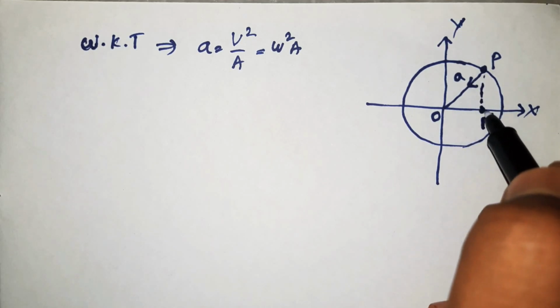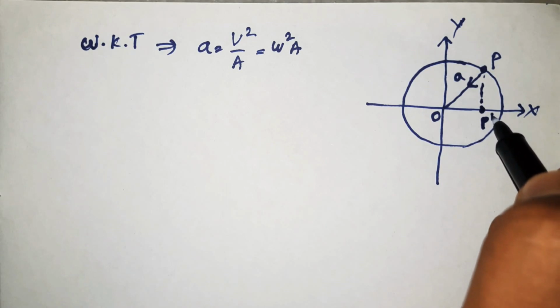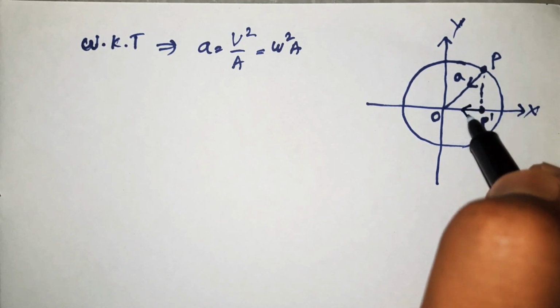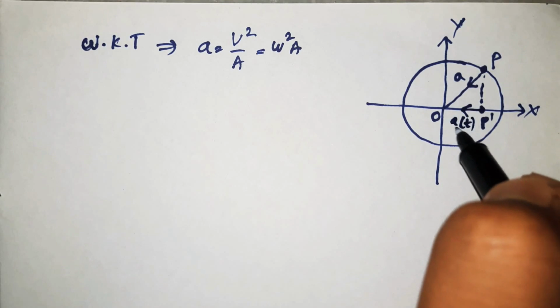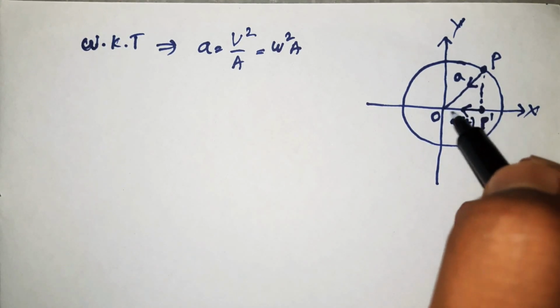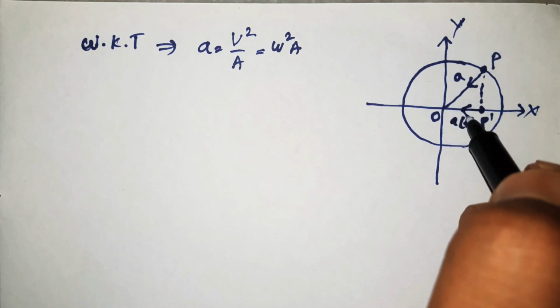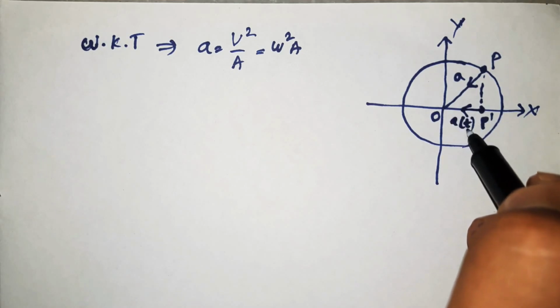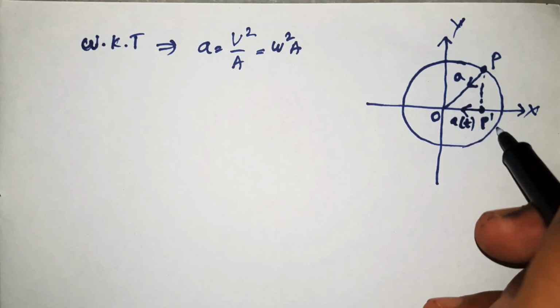What about the acceleration of particle P'? It is towards the mean position, that is also a of t. So here we have to find a of t.